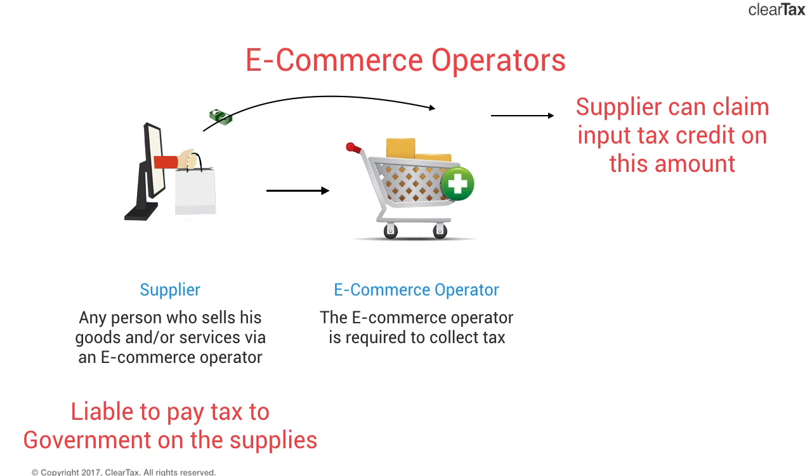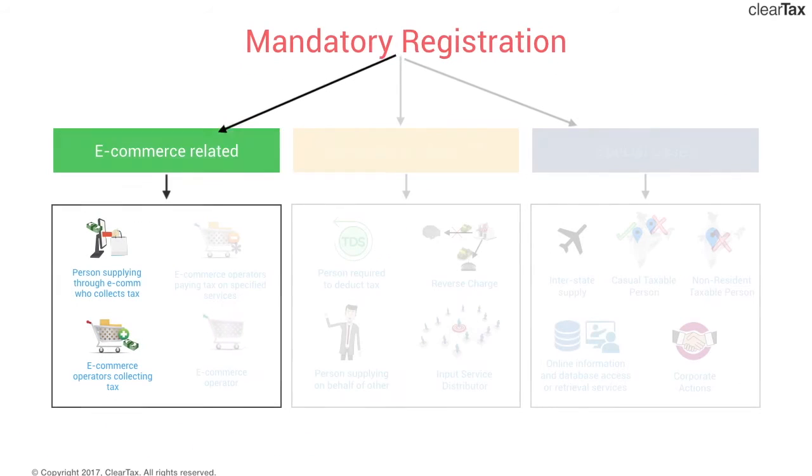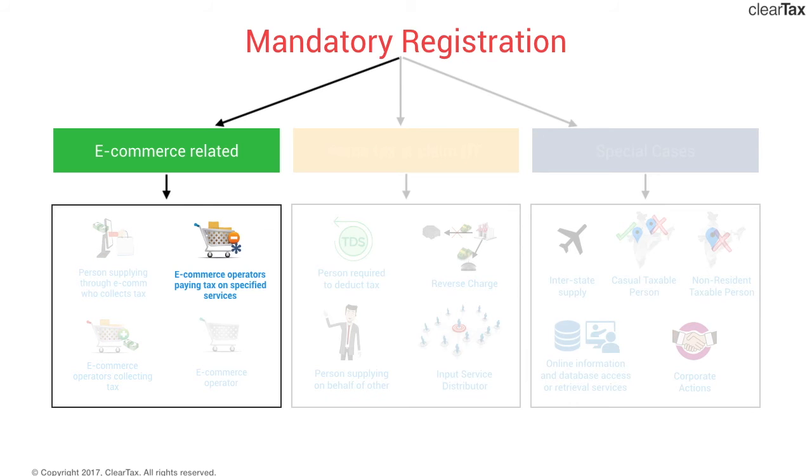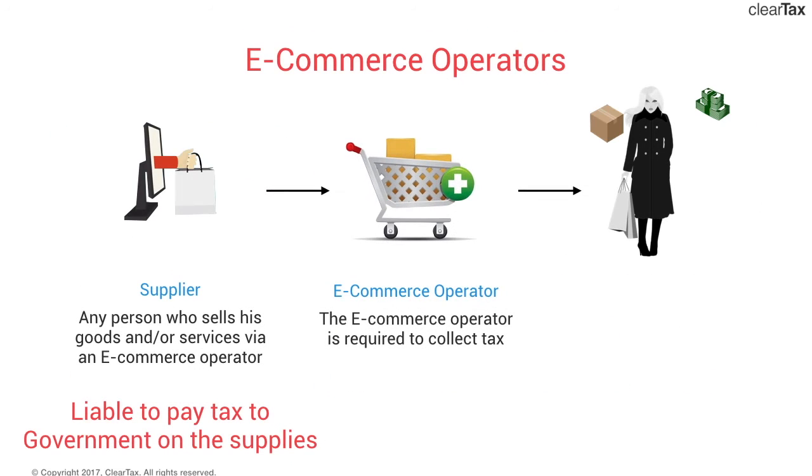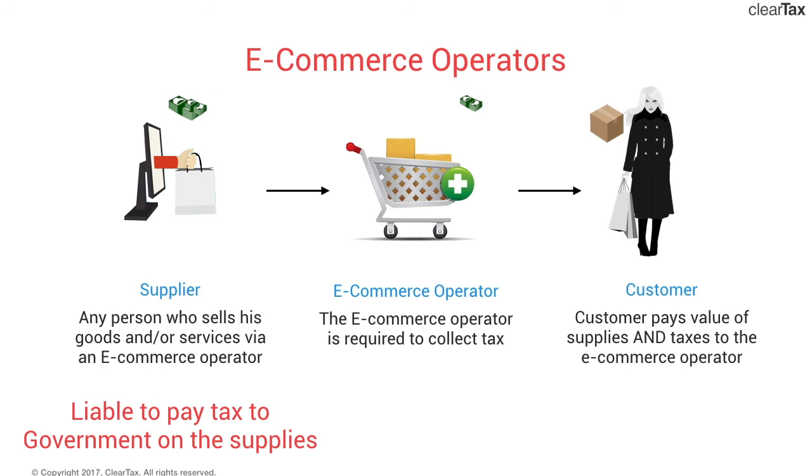Moving on to the third person under e-commerce operator. This is an e-commerce operator who's paying tax on specified services. So we are talking about a very specific category of e-commerce operator and not a general category like the first one. In the first category, the e-commerce operator collects only a portion from the net taxable value of supplies and pays the remaining off to the supplier, including the taxes, and the supplier is liable to pay tax to the government.